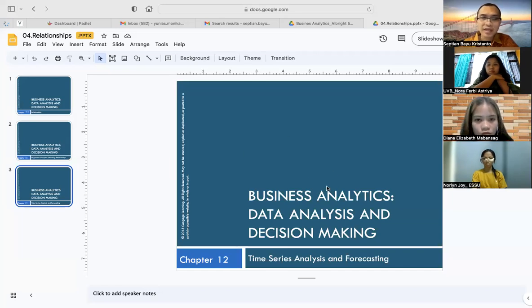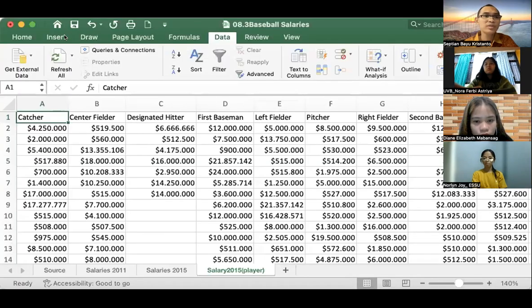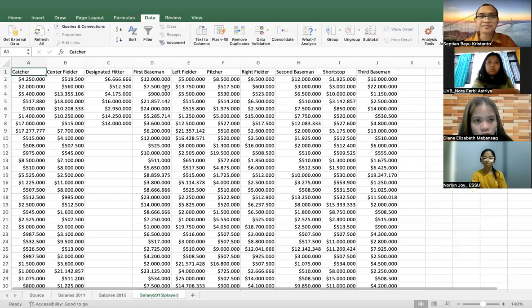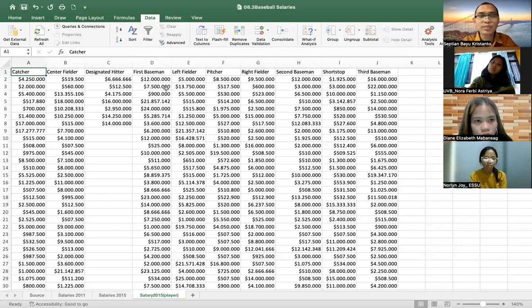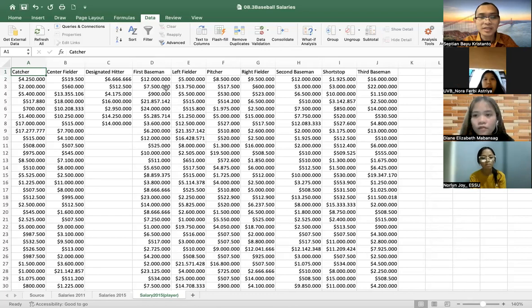Tonight, I'll only use the data from 8.3 about baseball salaries to show you how to combine data if you have some variation in your data. As you look at your screen, we have the data about baseball salaries in 2015.